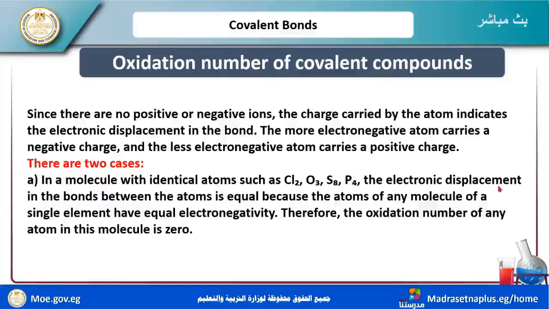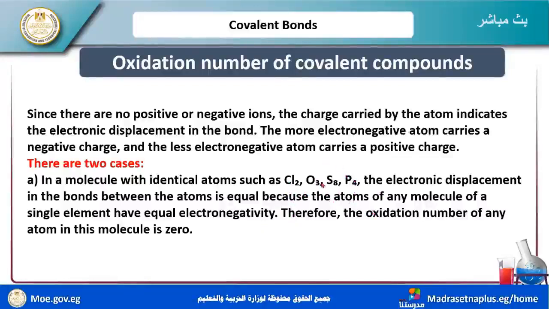Electronic displacement in the bonds between the atoms is equal, because the atoms of any molecule of a single element have equal electronegativity. Cl2, O2, O3, S8, P4, and so on.